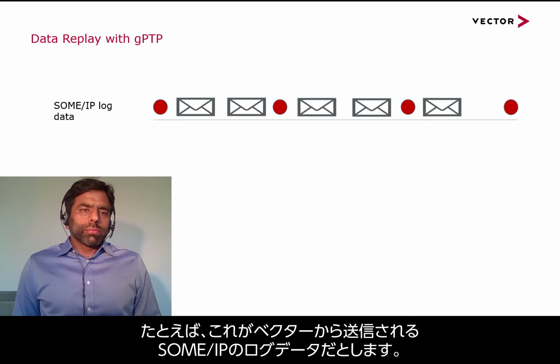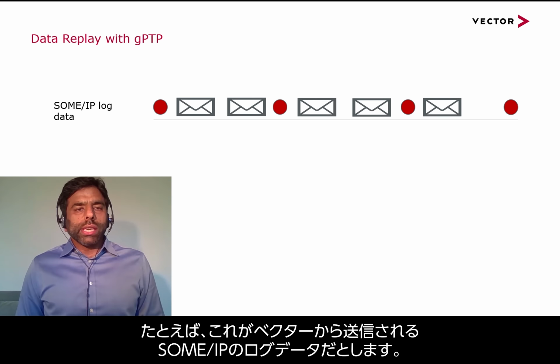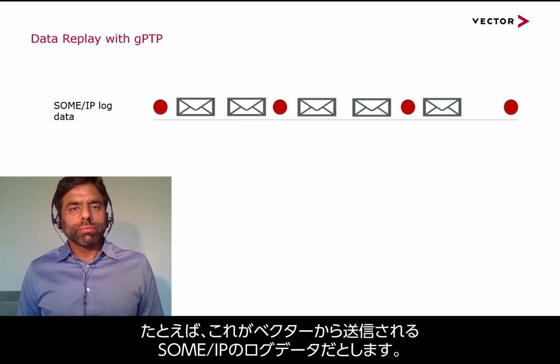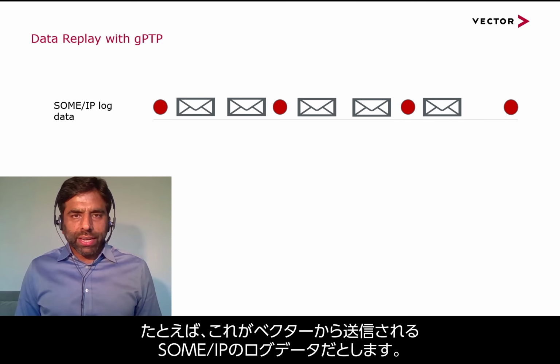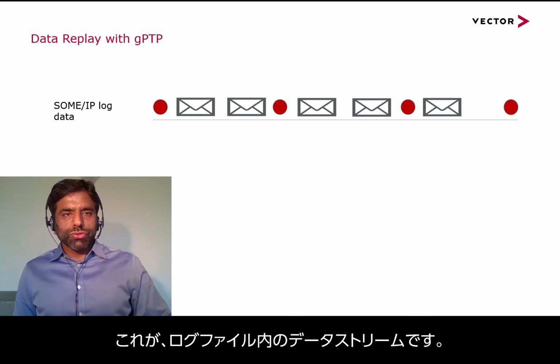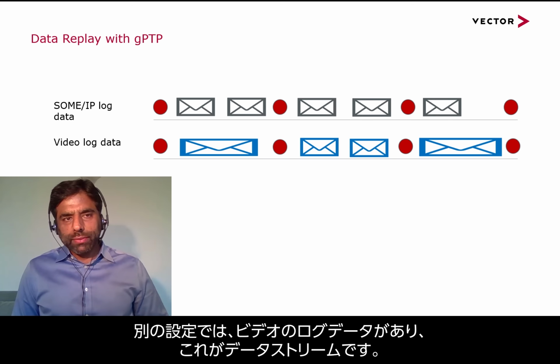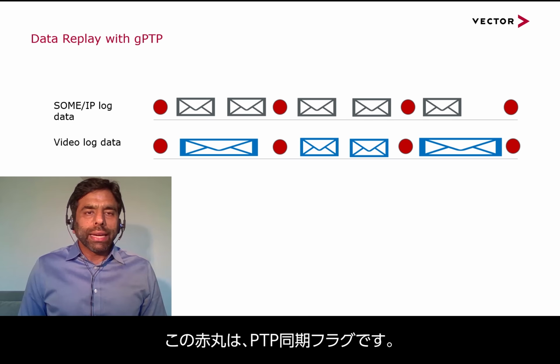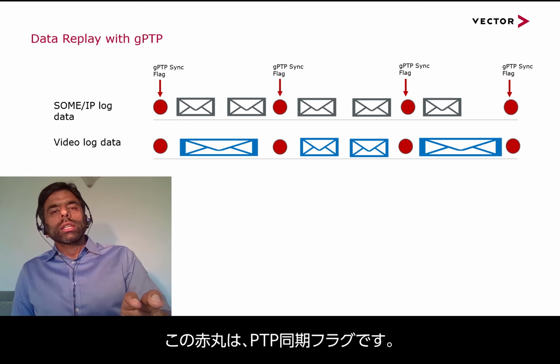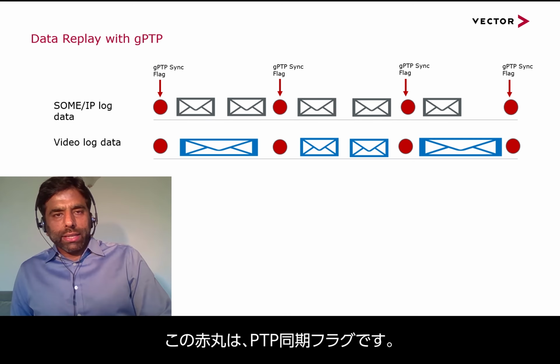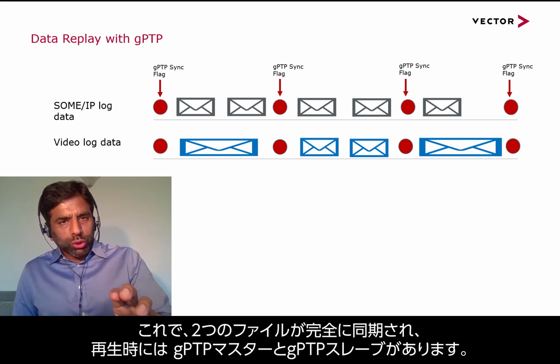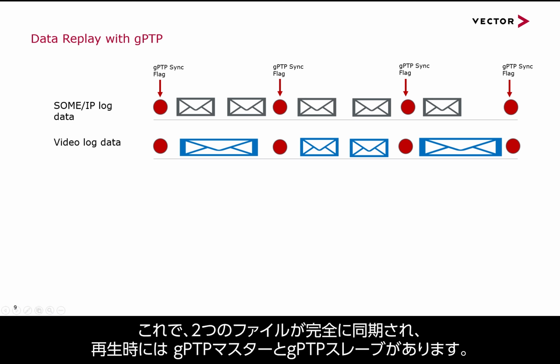Now, let's assume that this is the SOME/IP log data coming from, for example, the Vector. This is the data stream within the log file. Then another setup has the video log data, and this is its data stream. Here, the red dots are the PTP sync flags, so both files are completely synchronized.